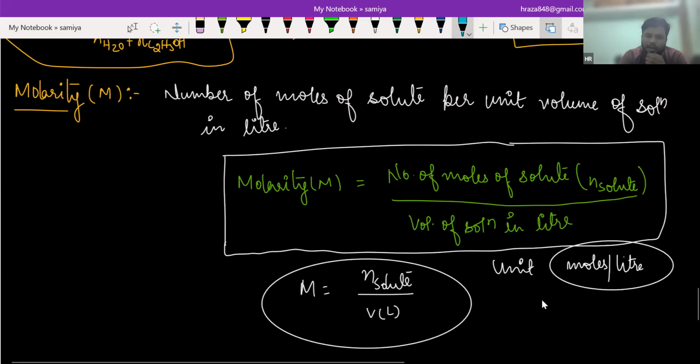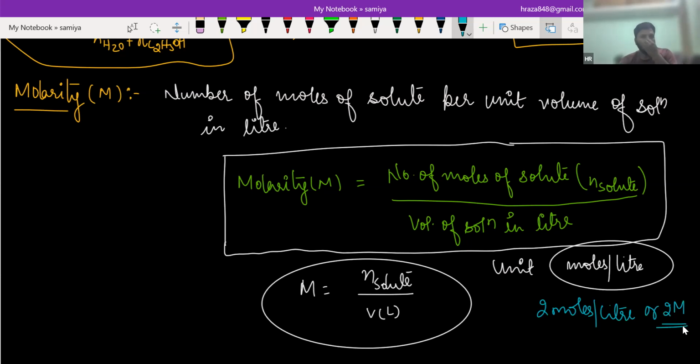Suppose 2 moles per liter, we can also write 2 capital M. This capital M represents molarity or moles per liter. These 2 moles are of solute, 2 moles of solute per liter, which means the volume of solution is 1 liter. Please write it.